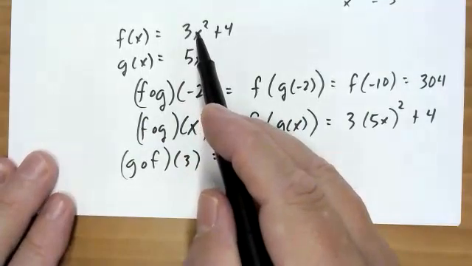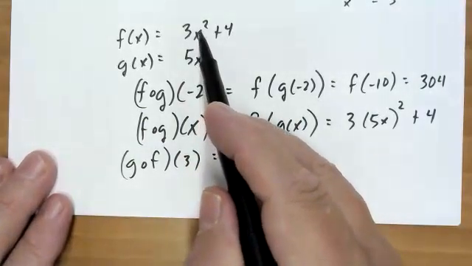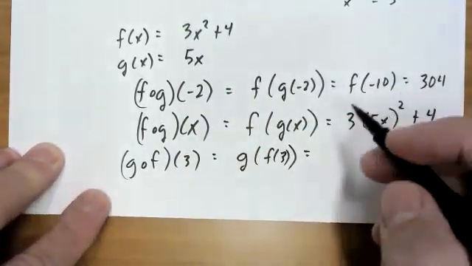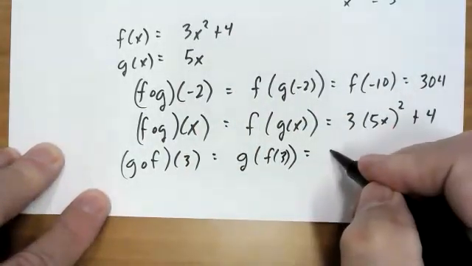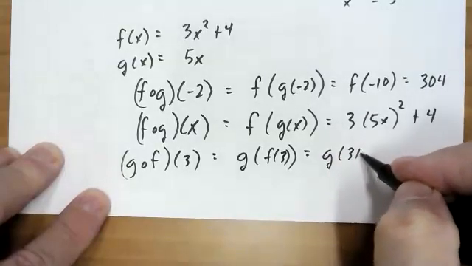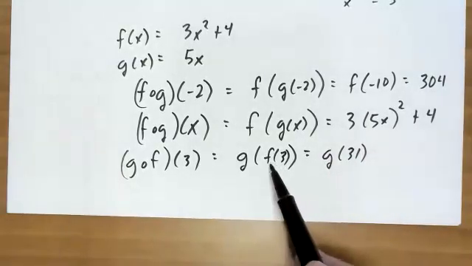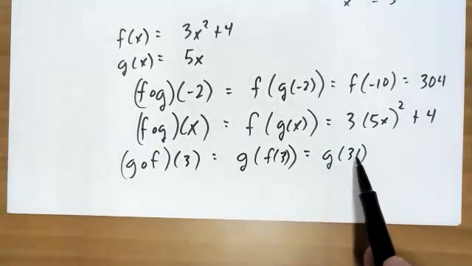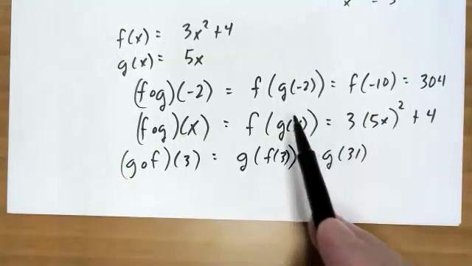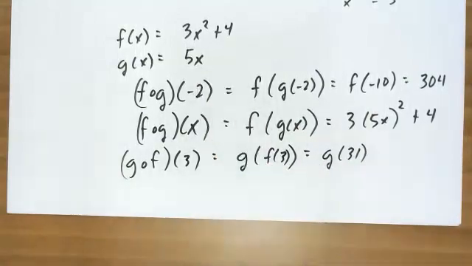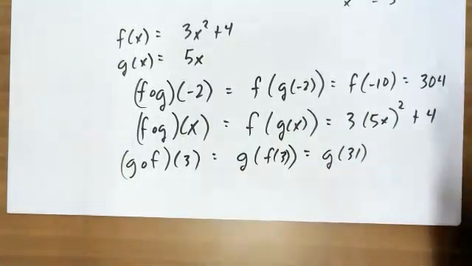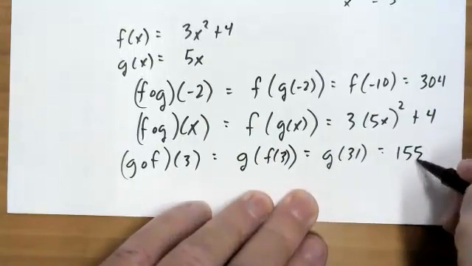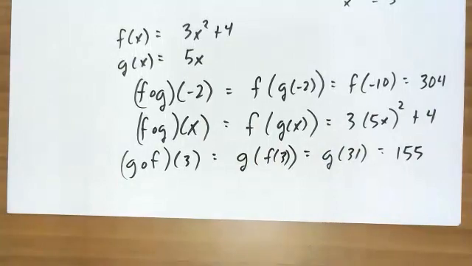So if this is the F function, F of 3, if I plug in 3 for x, 3 squared is 9, 9 times 3 is 27. Plus 4, I believe F of 3 is 31. So if F of 3 is 31, then this becomes G of 31. So now I go to my G function, plug in 31 for x. So 5 times 31, if I don't mess up in my head, I believe should be 155.